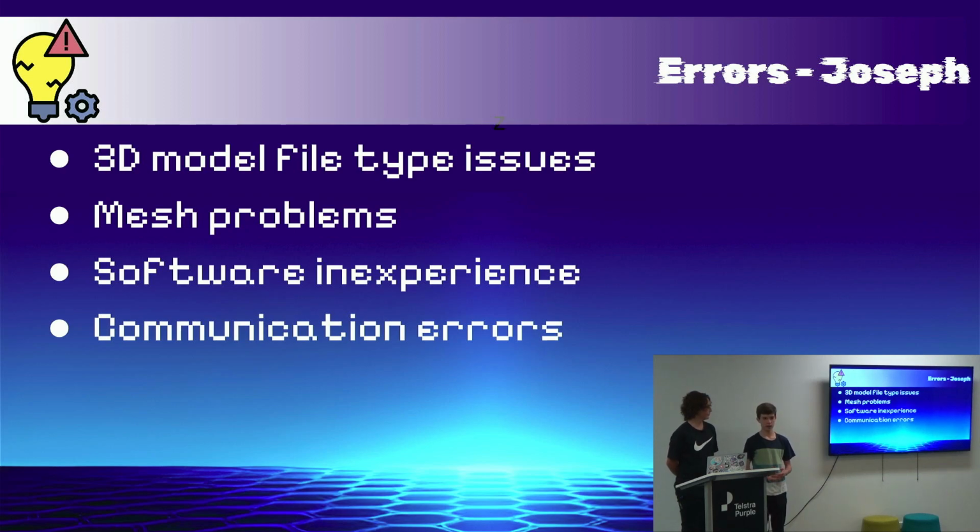Another problem I had was just general software inexperience. I had no idea what I was doing, so I had to go on tutorials just to get some basic knowledge and learn how to use the software. But we were able to get a loophole around it. We were able to use my very simple knowledge of Blender and integrate that into the general design theme of the game.